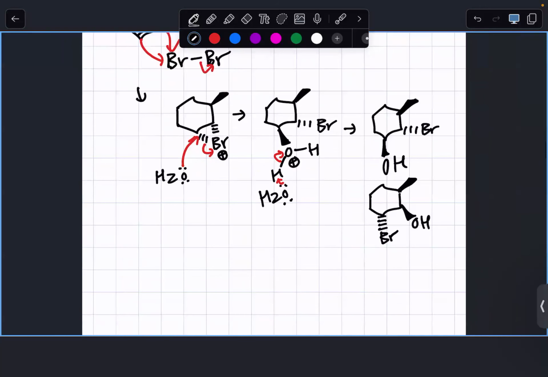So let's say we had this intermediate instead, where the ring was on the top side. Right?